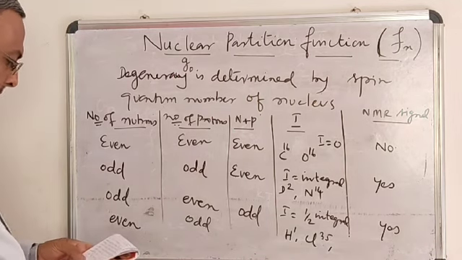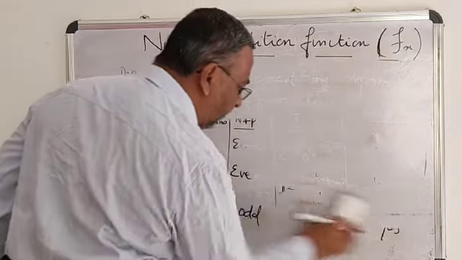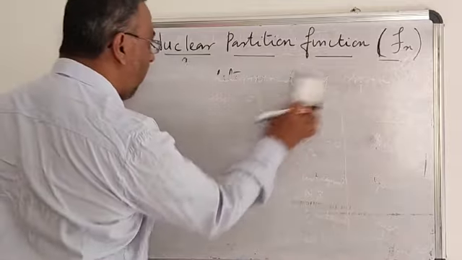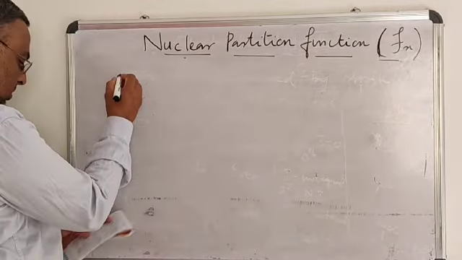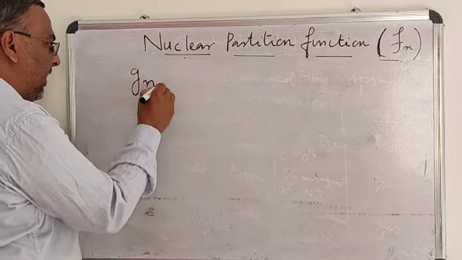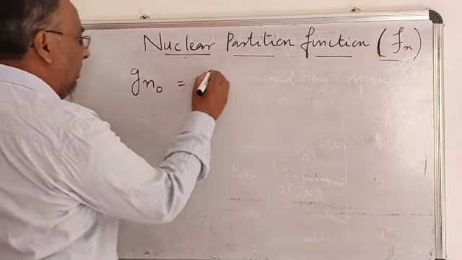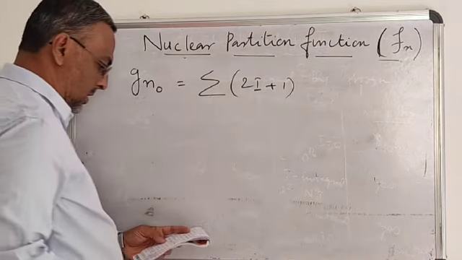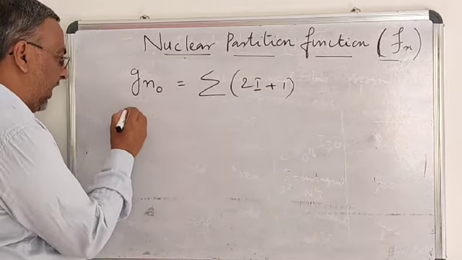Now, that is how to find out the degeneracy of the ground state of the nucleons. See, the degeneracy of the nucleus in the ground state can be written as sigma of 2I plus 1. Okay, this is called ground state degeneracy.